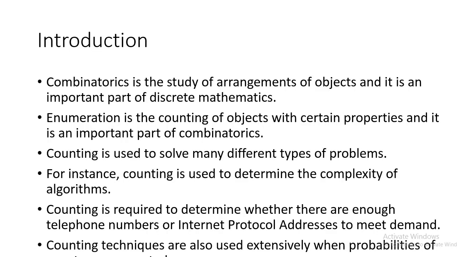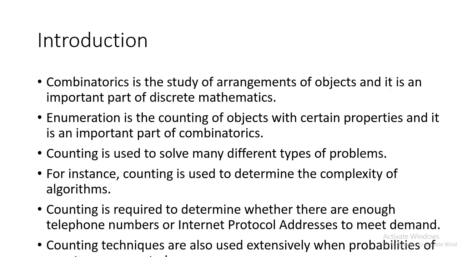Now let's see the introduction part of counting. Combinatorics is the study of the arrangements of objects, and it is an important part of discrete mathematics. Enumeration is the counting of objects with certain properties, and it is an important part of combinatorics. Counting is used to solve many different types of problems.